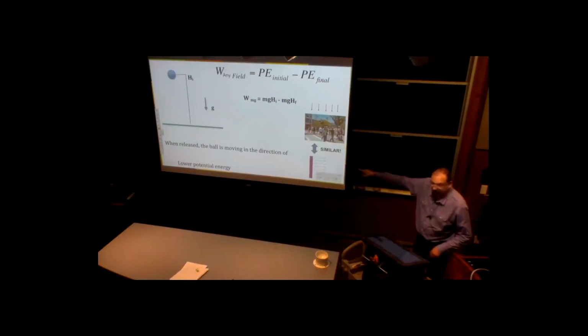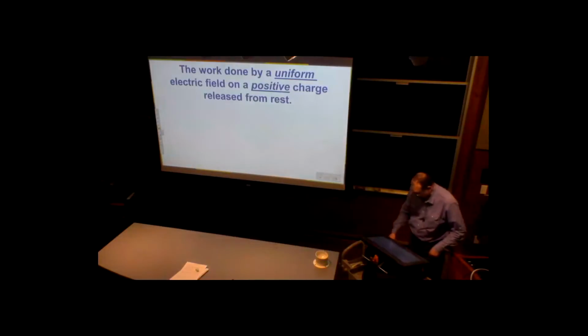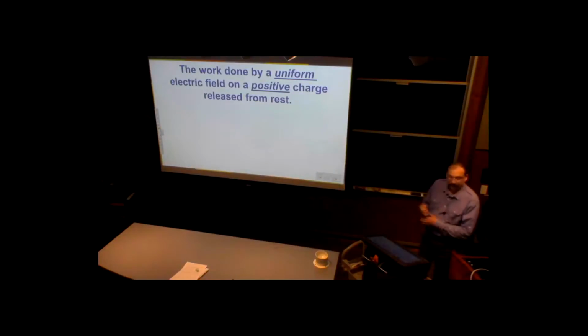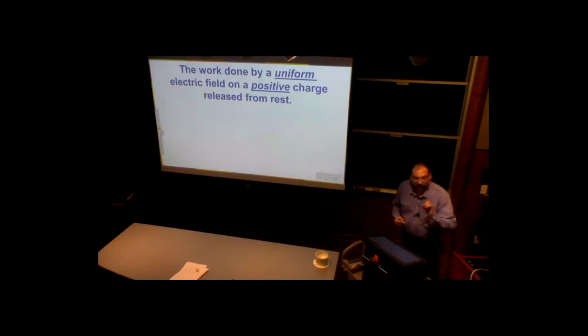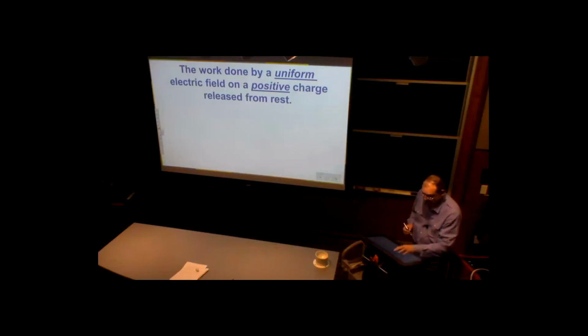Same is true for electric field. So let's go through one specific, simple situation. Uniform electric field, a positive charge is released from rest. So a uniform electric field means the same everywhere.